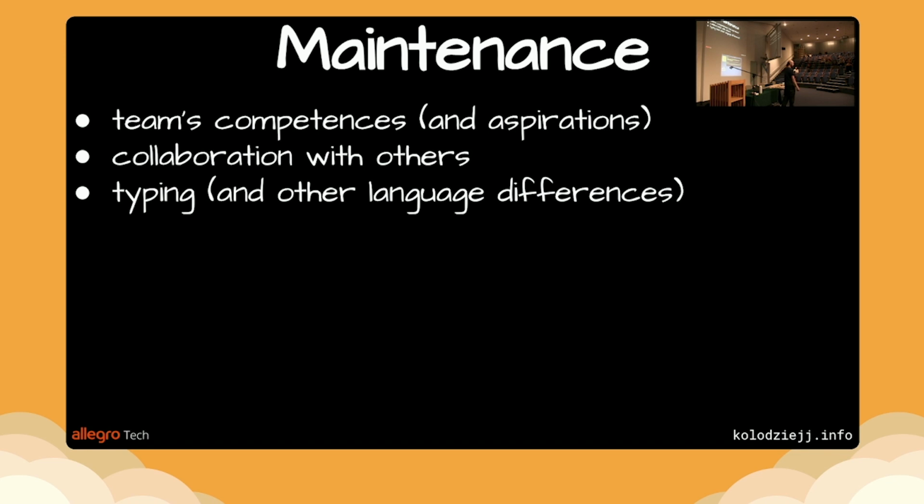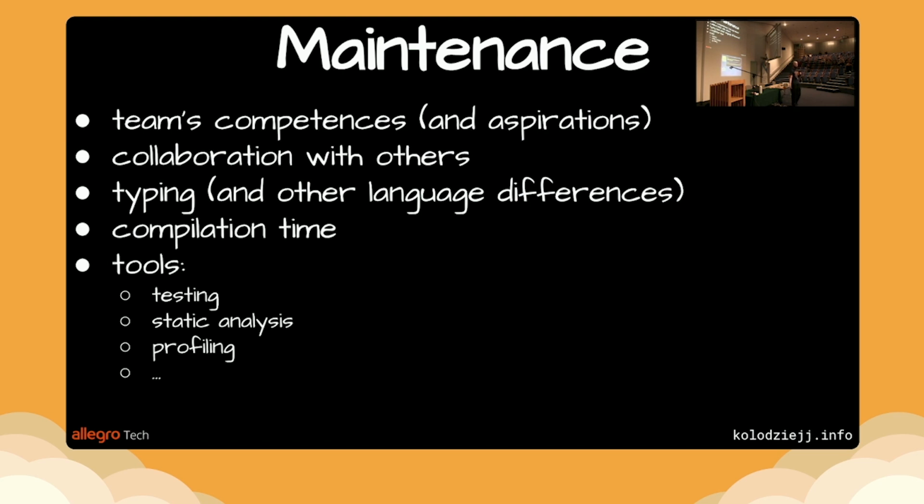When thinking about maintenance, it's hard not to think about the language itself. Again, the first thing that comes to my mind is what typing looks like in either option. But there are, of course, more. And there are a few other things that impact our maintenance burden, our agility, our speed of development.